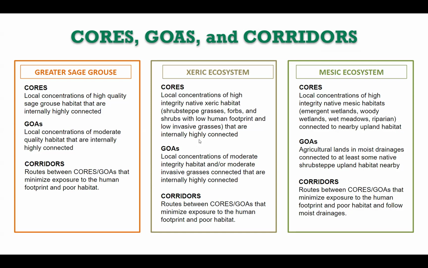They're not as good as the cores, but there's something there to work with. There's some native habitat that you could maybe restore and grow the core. So that's the idea behind these growth opportunity areas. If you restore them a little bit, improve their condition, you can grow the core. And then lastly, these corridors are connections between the cores and growth opportunity areas, trying to link these places into a larger network that's connected across this whole region.